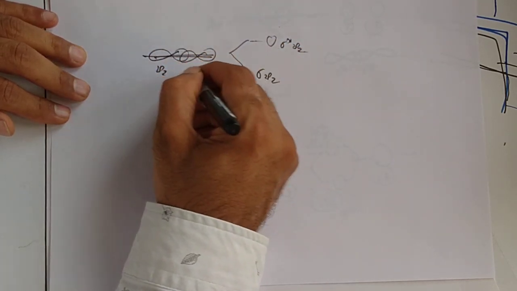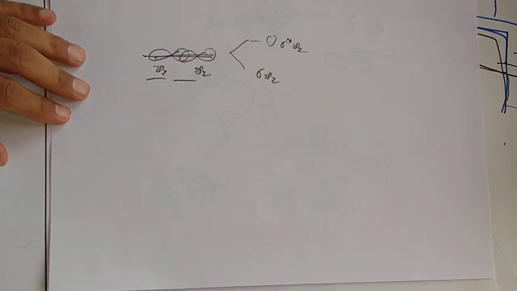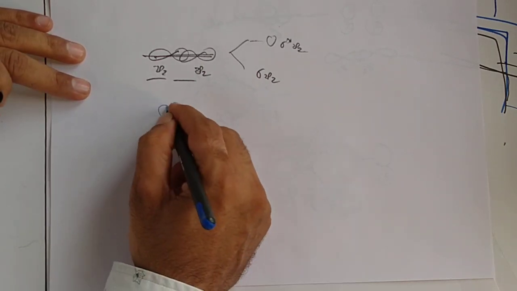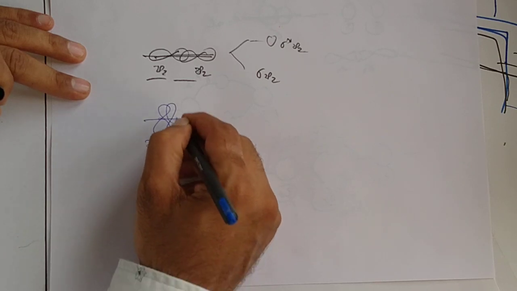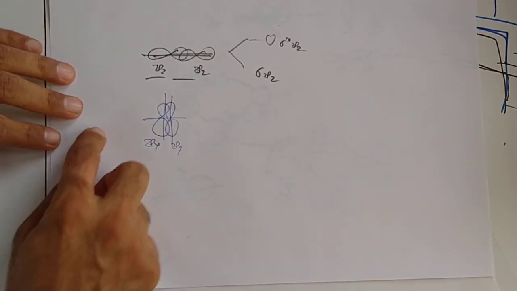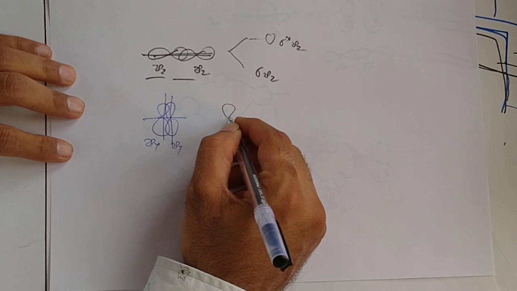Why? Overlapping here also occurs on the axial position. If we are taking 2py, the overlapping is not occurring at the axial position but at the vertical position. So it should be pi.